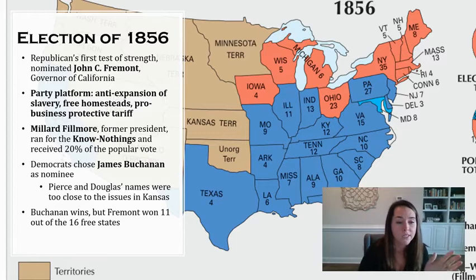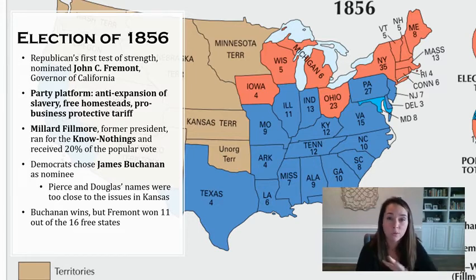Both President Pierce and Stephen Douglas, their names are going to be too closely aligned with the controversy over Kansas, with Bleeding Kansas and the Kansas-Nebraska Act. And so the Democratic Party chooses not to select them as their candidates at the convention. Buchanan is going to win, but notice that John C. Fremont, Republican, brand new party, a party that was basically formed over the issue of slavery in the West, where parties were ignoring the issue, and the Democratic Party is still going to kind of ignore it after this.